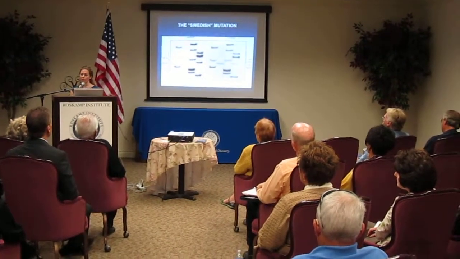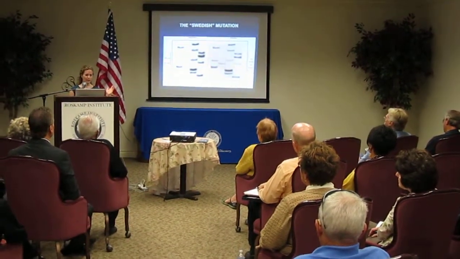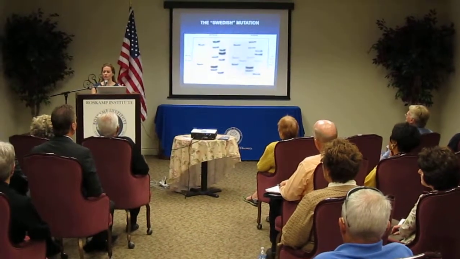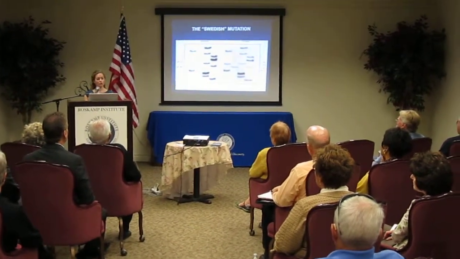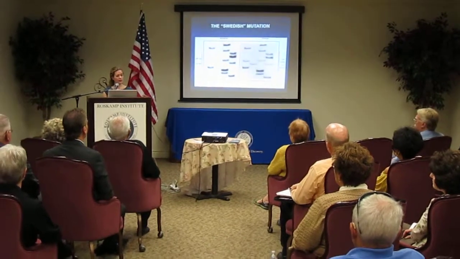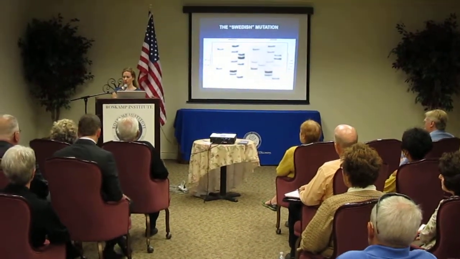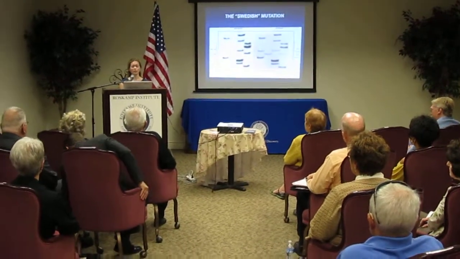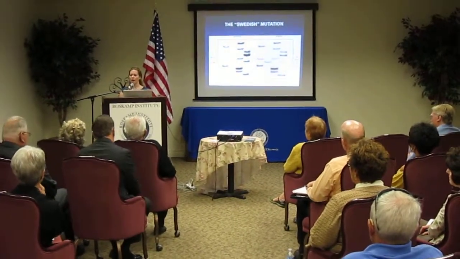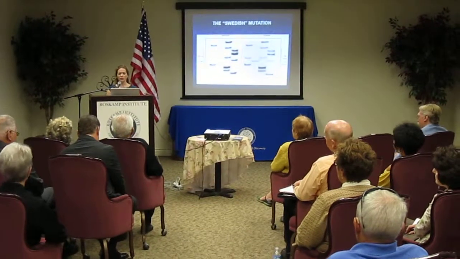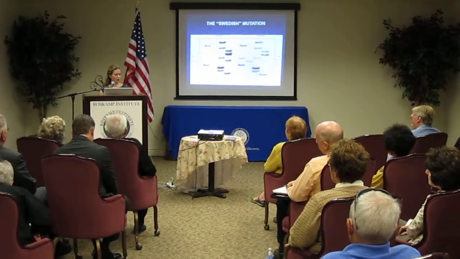Now, the significance of finding mutations like this is that it really focused us on amyloid as a central cause of Alzheimer's disease. When we introduced this mutation into cells in the laboratory, we discovered that it causes amyloid to be produced at about 6 or 8 times the amount it normally is.